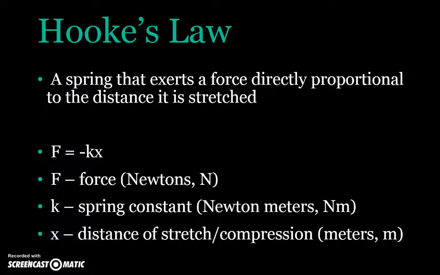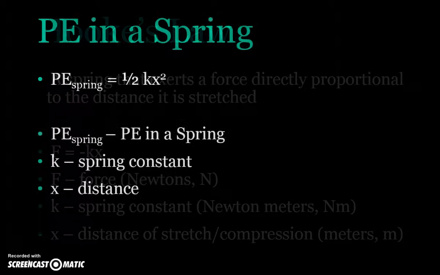F is our force, that's always going to be measured in newtons. k is our spring constant, that's going to be in newtons per meter, or N/m. And that is going to be a number that stays with you depending on the spring that you have. And x or d is your distance of stretch or compression, so it can be either pushed in or pulled out, and that is in meters.